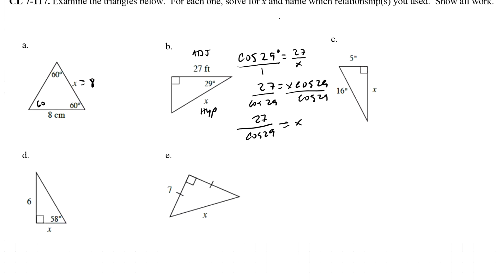So 27 divided by cosine 29 equals 30, and it's not giving us to the nearest hundredth, so I'm going to do to the nearest hundredth, but it's going to be 30.87. Alright.